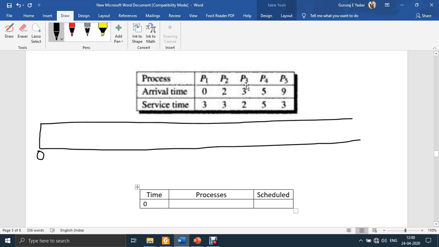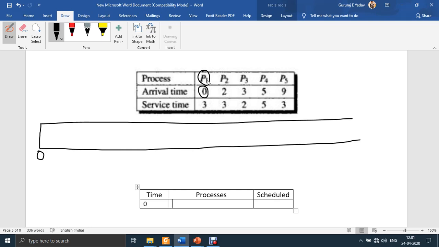If you see this table, at time 0, which processes are available? Only P1 is available. Why? Because P1 is present in the system at time 0. No other processes P2, P3, P4 and P5 are present in the system at time 0.